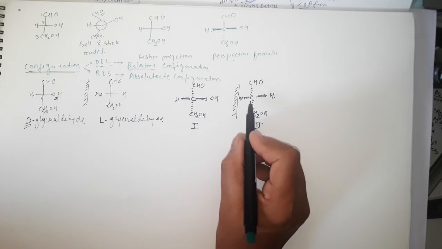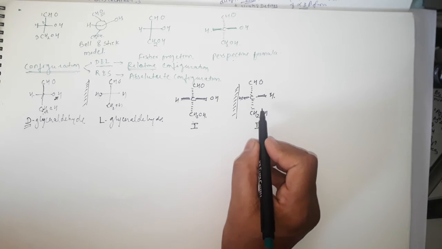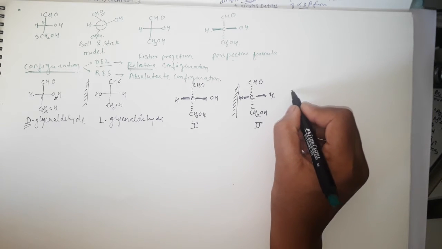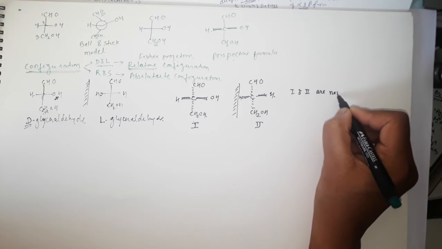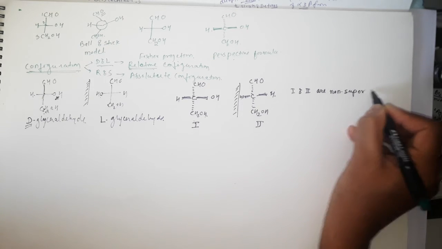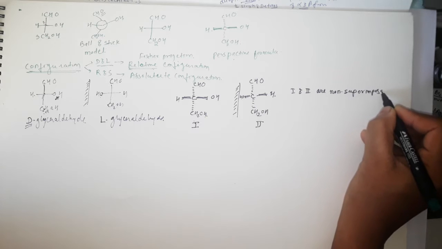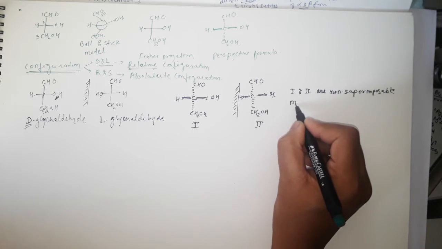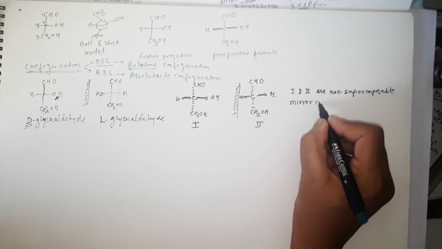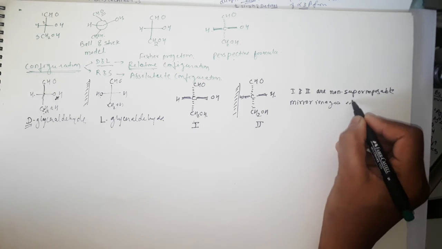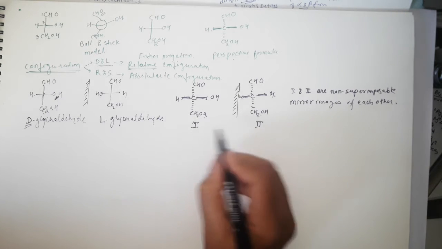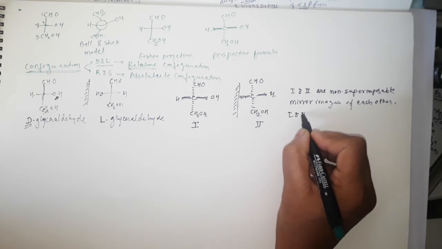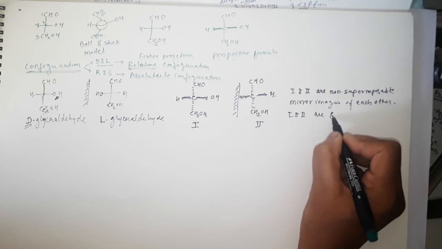That means these two are non-superimposable mirror images of each other, and therefore 1 and 2 are enantiomers.